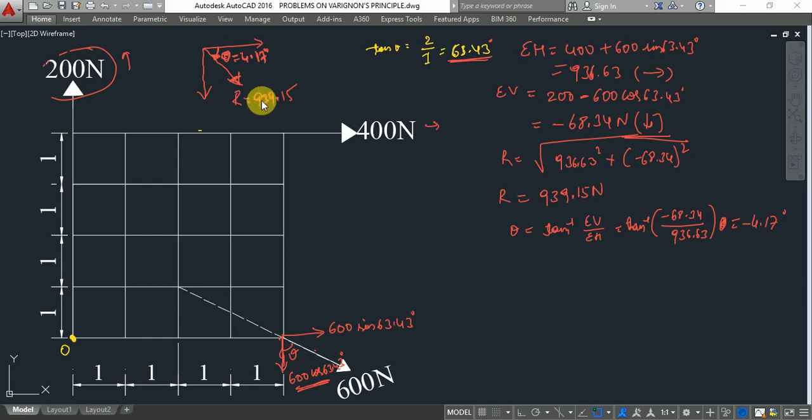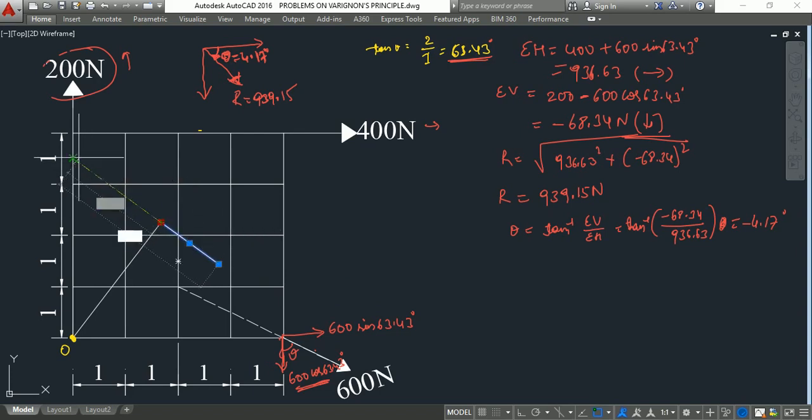So let us assume this resultant is acting somewhere here. Let this be the perpendicular distance. Let us take this resultant is acting here. So perpendicular direction, this is the resultant.